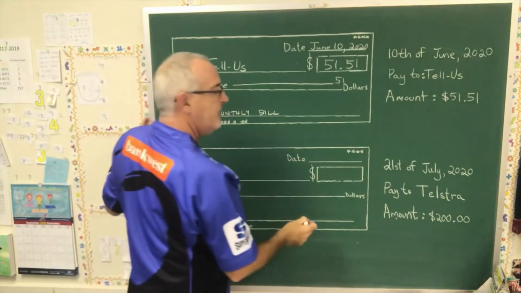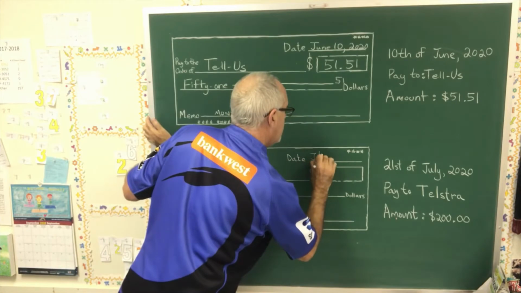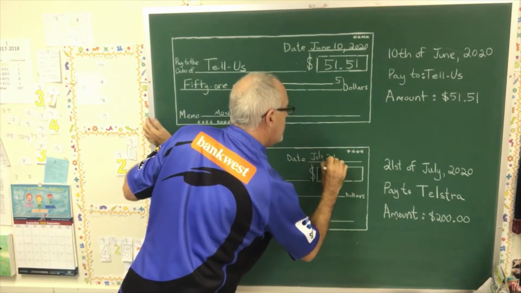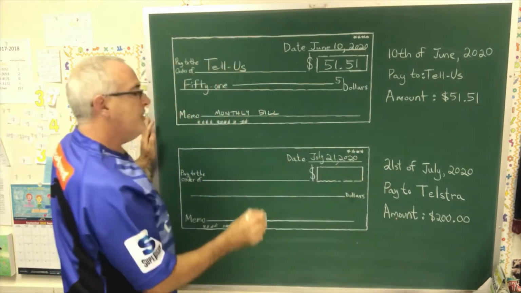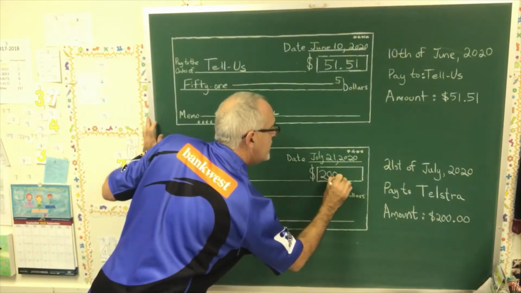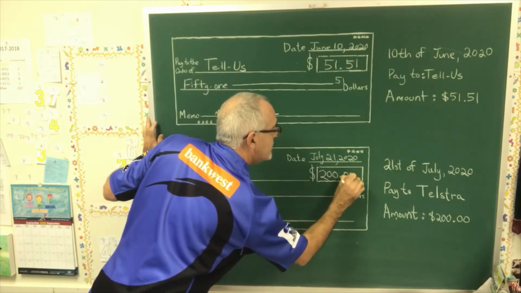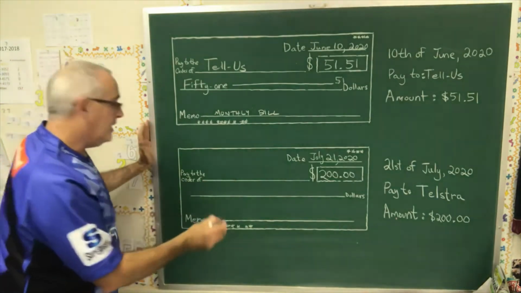Here we have the 21st of July 2020, so I'm writing July 21, 2020. The amount is $200. I write that in numbers, making sure to clearly put my decimal. Pay to the order of, this time it's a company called Telstra.